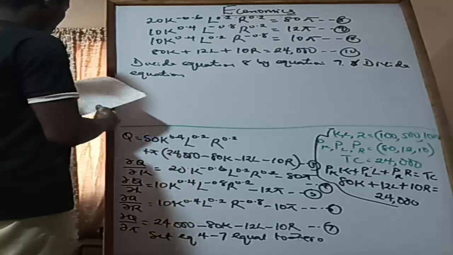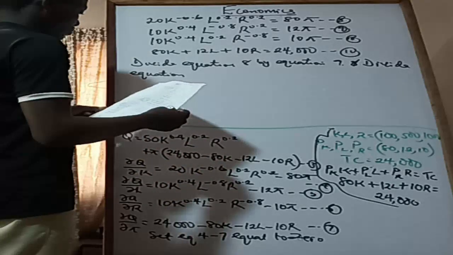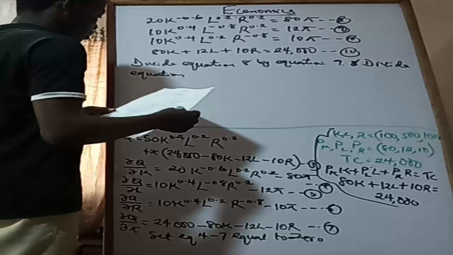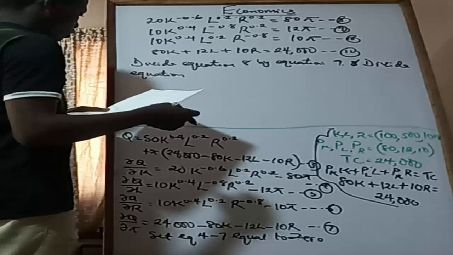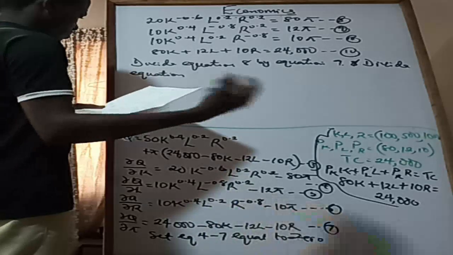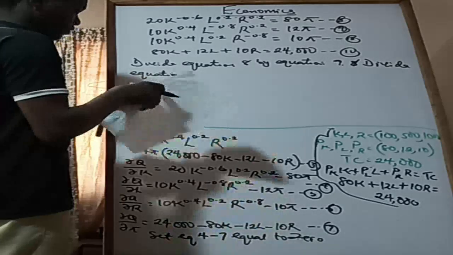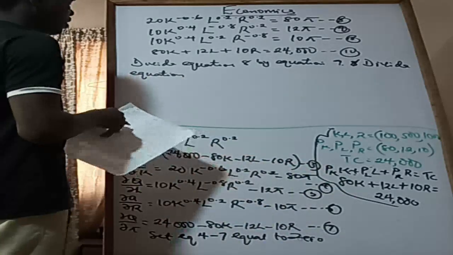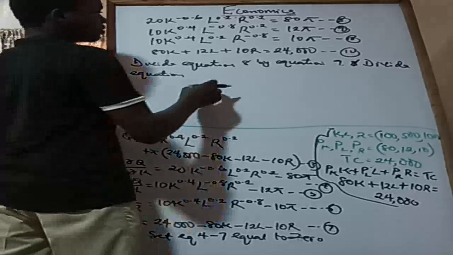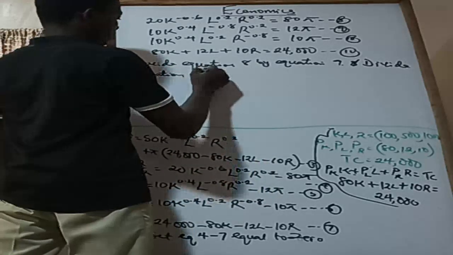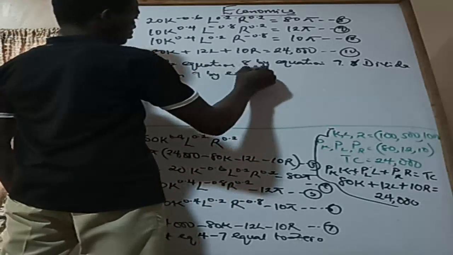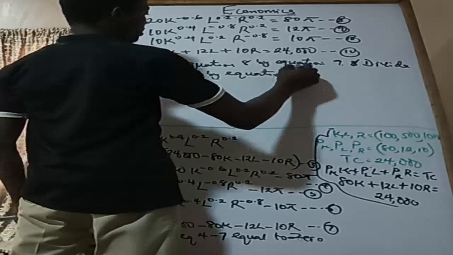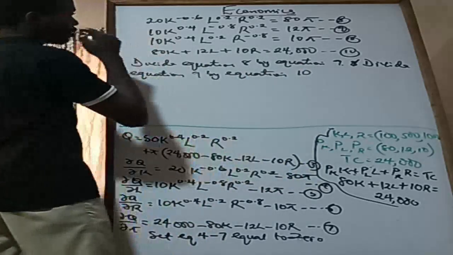I want it to be similar to what I have here. I can divide any of the equations though, or I just do 6 by 7 because I've already done it. Okay, it's what I have in my mind. And then divide equation 9 by equation 10. So how does that work?